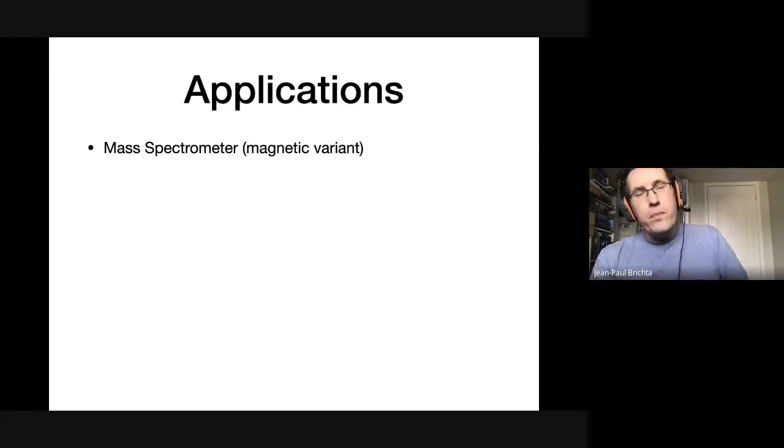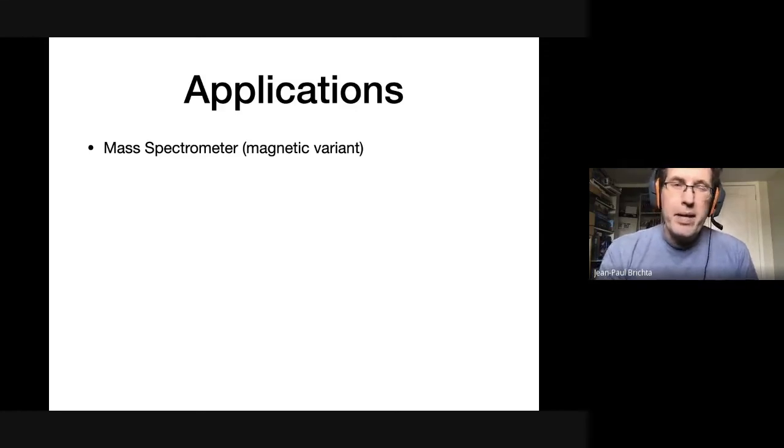One device that gets used quite a lot in various kinds of science, physics, biology, chemistry, you name it, is something called a mass spectrometer, which is basically a way of separating particles depending on their mass or their charge, or both.